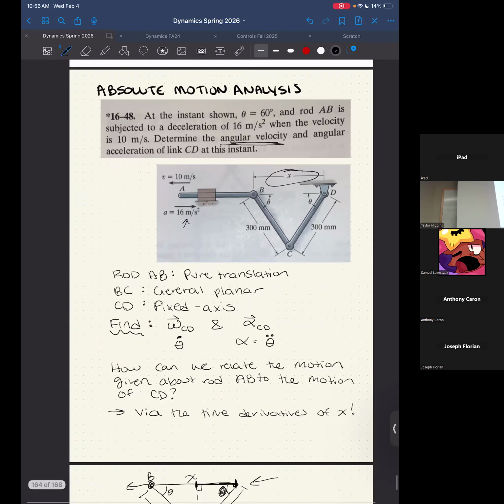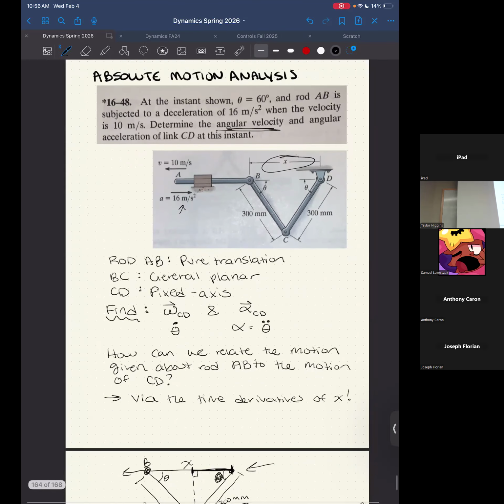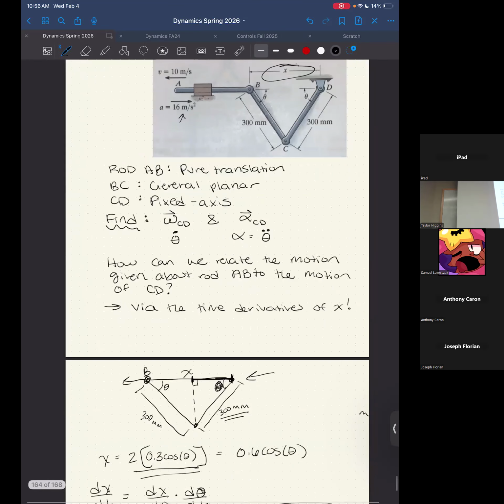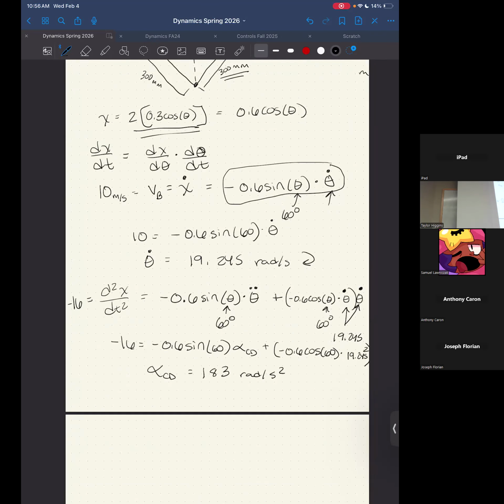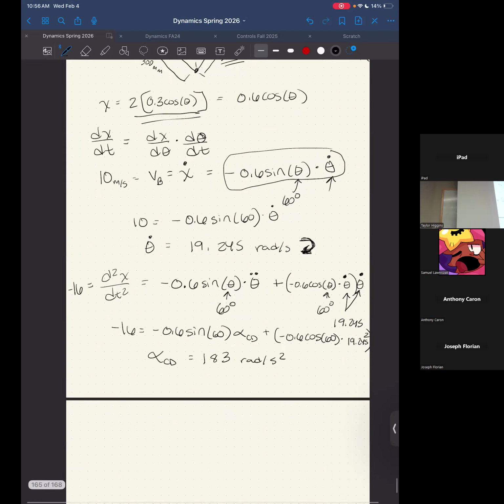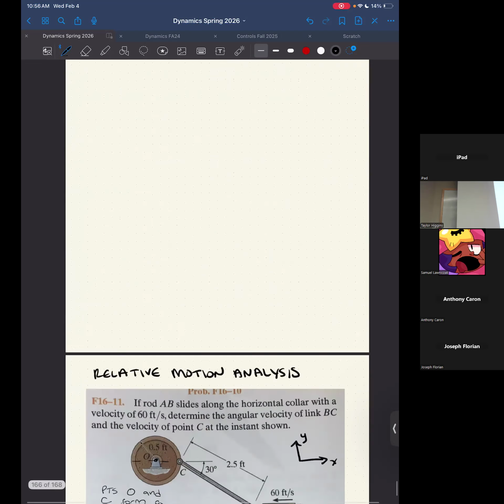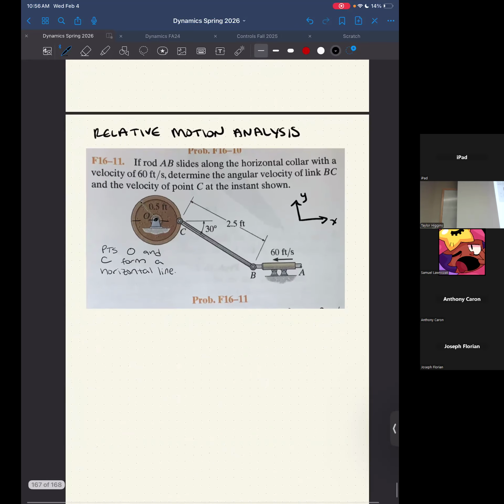No, I would say that they're in the k hat direction. Yeah, that's correct. So either you can say it's in the positive or negative k hat direction, or you can just draw the direction of motion with an arrow. They all achieve the same thing. Okay, thank you. You're totally fine.